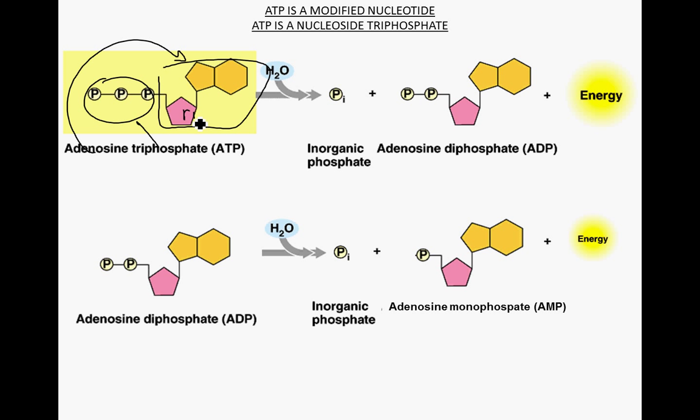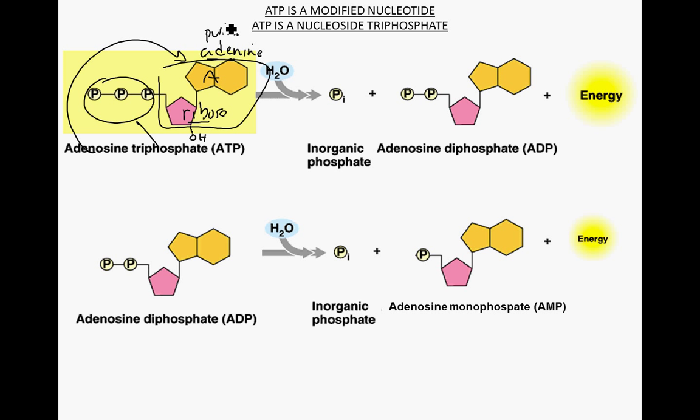Well, this is ribose. So that means on the 2' carbon you're going to have an OH. And since this is adenosine, this right here is an adenine nitrogenous base. So adenosine is adenine attached to a ribose. And this adenine, again, is a purine, and it's a larger one.